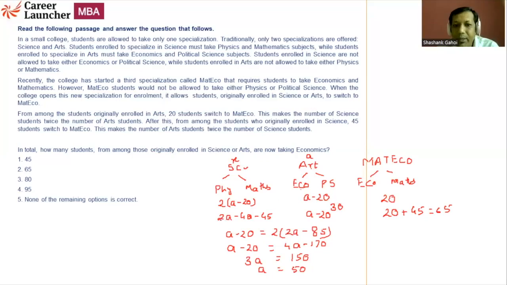Currently the number of people in science is 2A minus 85, which comes out to be 15. Now these 30 students are taking arts, so they are definitely taking eco. These 65 students are enrolled in Mat Eco, so they are also taking eco. So the total number of students taking economics is 30 plus 65, which is 95. That's going to be the answer to this question.